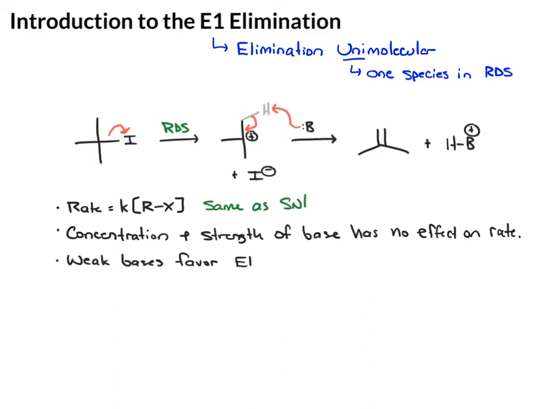Weak bases tend to favor E1 like SN1. And for the most part, weak bases tend to be the same species as the weak nucleophiles. So things like water, alcohols, amines. We're looking for something that has a lone pair.